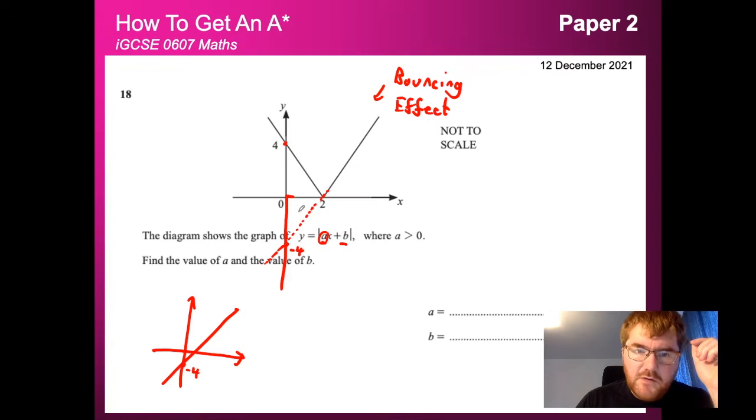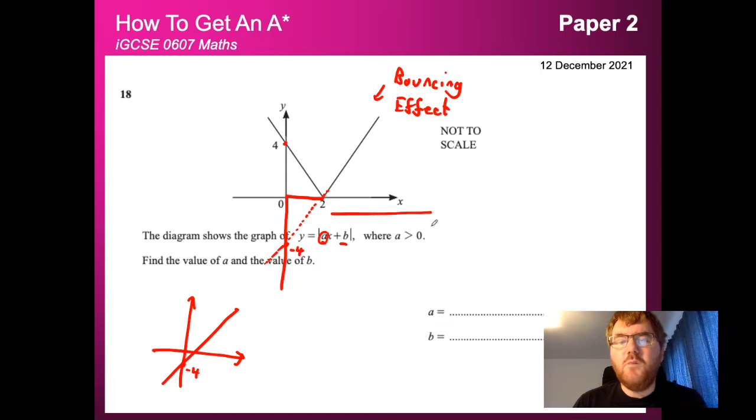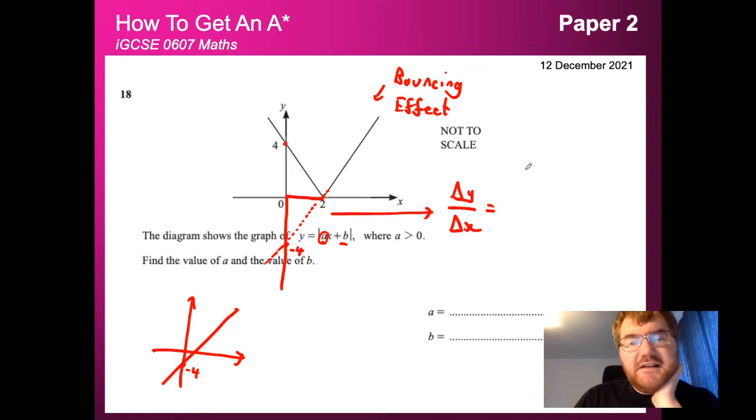So if I want to work out the gradient of this particular line, well, remember it's the change in y over change in x. So if we use this particular formula, well, notice we've got a change of 4 here for the y. So the difference between 0 and minus 4 is 4. The difference between 0 and 2 is 2.